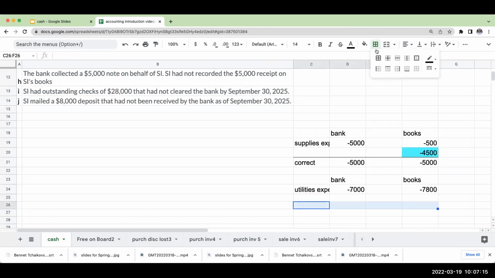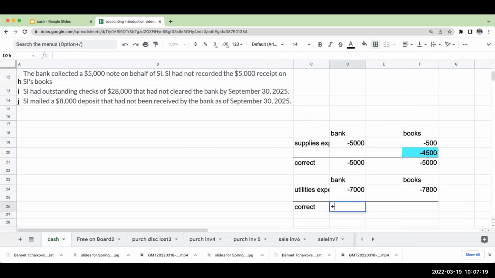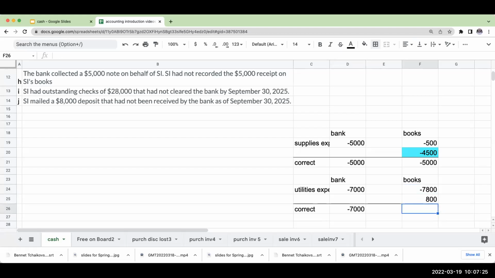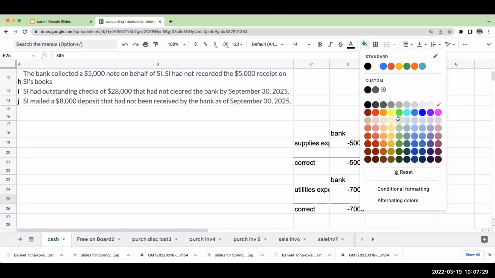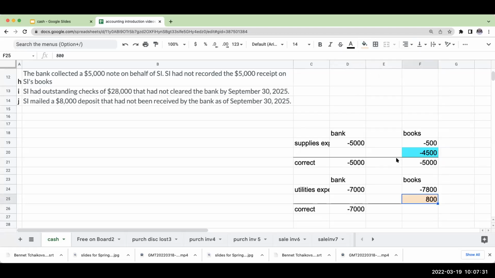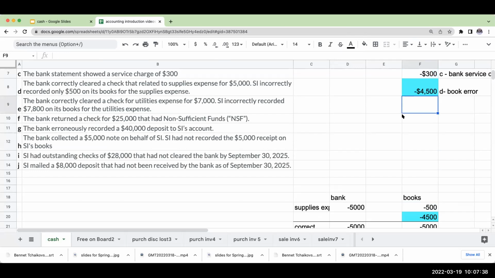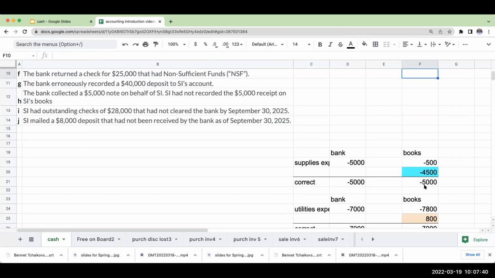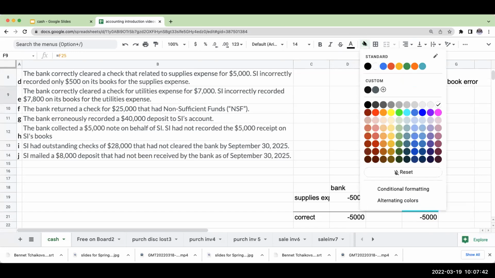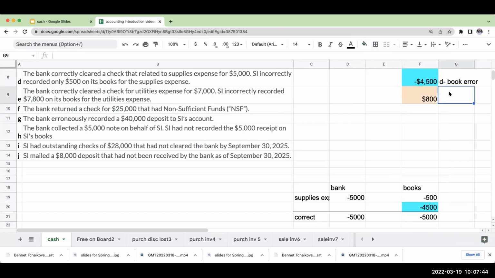Now, the correct amount over here is 7,000. Now, this is going to be a little bit funky. I took too much expense. So over here, my correction is going to be 800 because when I add back 800 to the 7,800, I'm going to get the negative 7,000. So over here, this is going to be a book error.